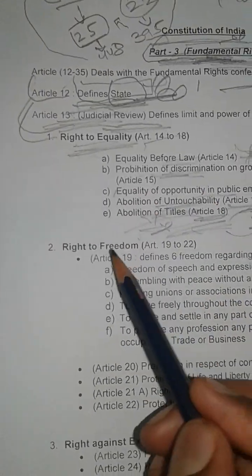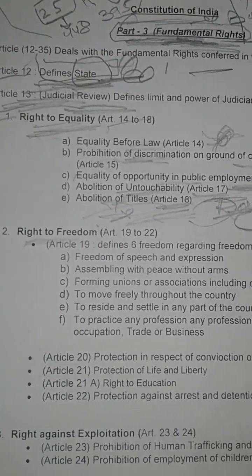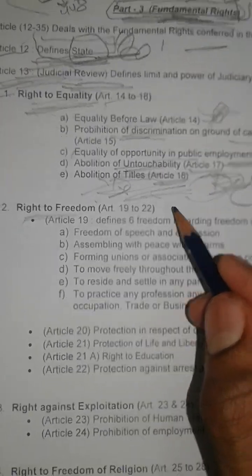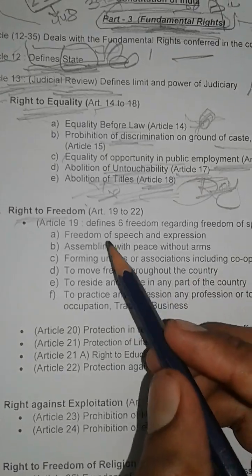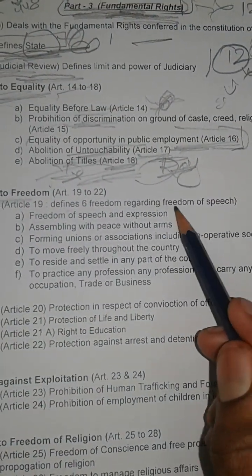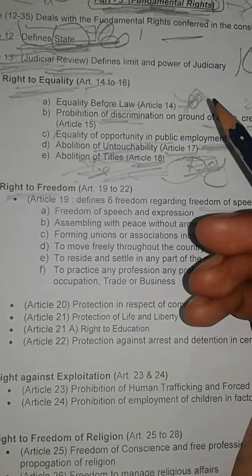Now, the right to freedom in our Indian Constitution deals with Article 19 to Article 22. Article 19 defines basically 6 freedoms, regarding freedom of speech.